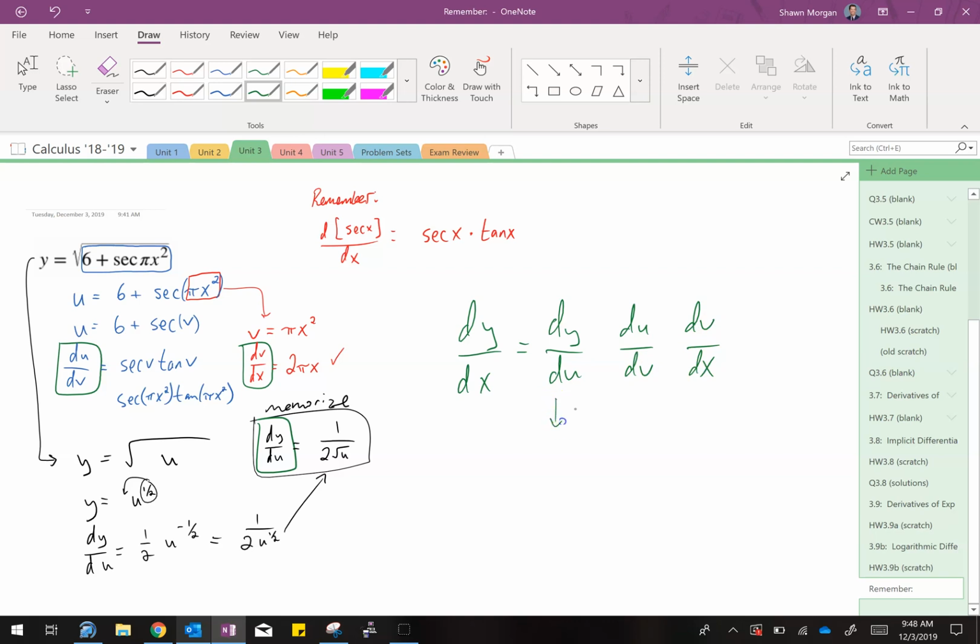And we just want to plug in all three of those links, and we'll be good. dy/du is 1 over 2 square root of 6 plus secant πx squared. du/dv is secant πx squared tangent πx squared.